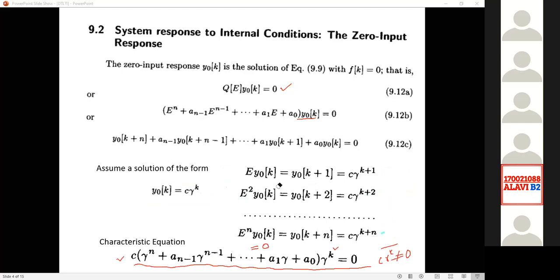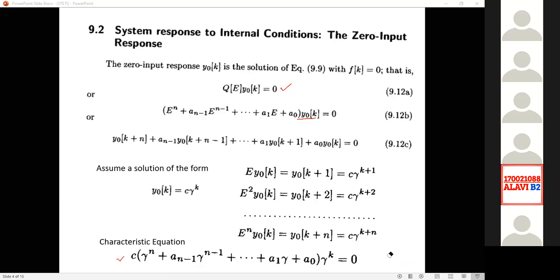Now, like in your continuous time system, the characteristic root lambda has some behavior that we need to investigate, because based on this behavior the nature of the response should be identified, whether it is damped, underdamped, overdamped, or undamped, isn't it?